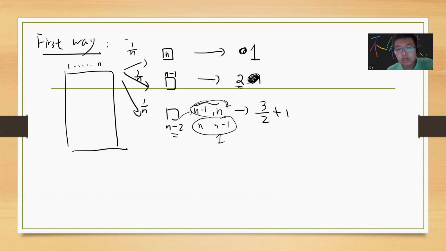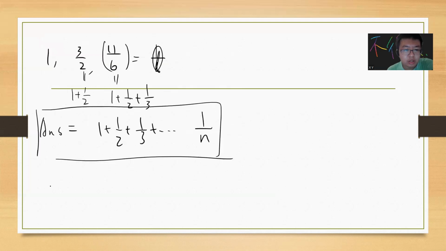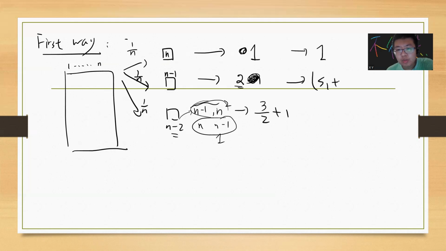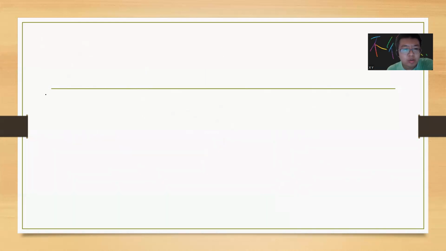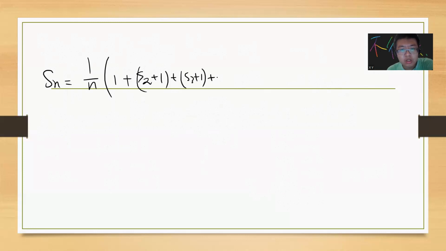So I think you can see the pattern. Let's write the answer for the general Sn. In this case, this is S1 plus 1, this is S2 plus 1, keep going, and you get Sn minus 1 plus 1. So Sn is 1 divided by n, times 1 plus S2 plus 1 plus S3 plus 1 up to Sn minus 1 plus 1.